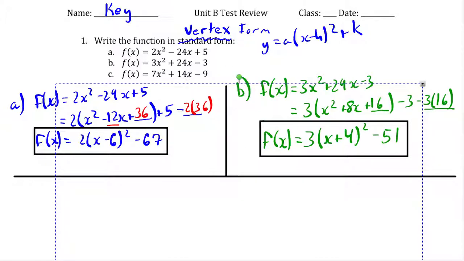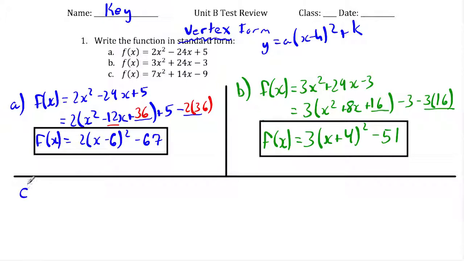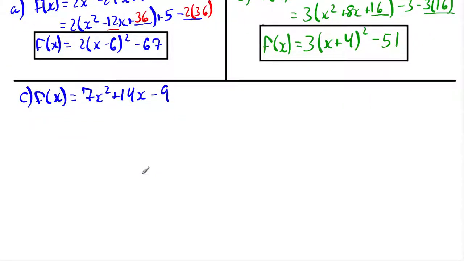Doesn't that look good? All right, so finally we're going to have part C, which is f of x is equal to 7x squared plus 14x minus 9. And so we factor out the leading coefficient, not the greatest common factor. So that gives us x squared plus 2x.